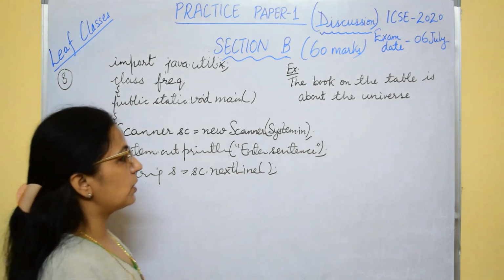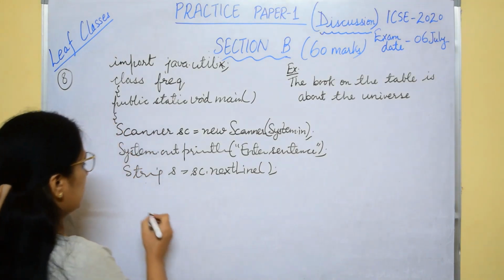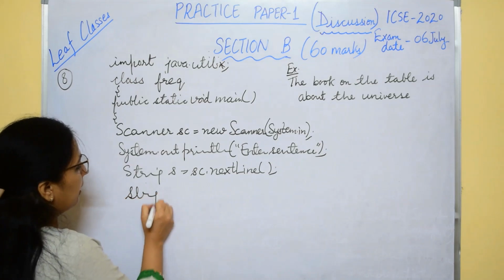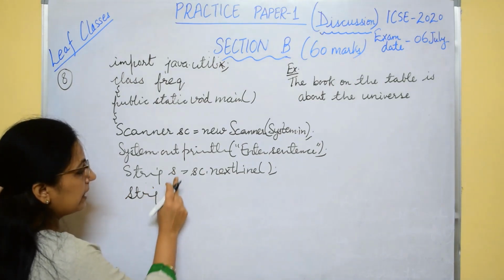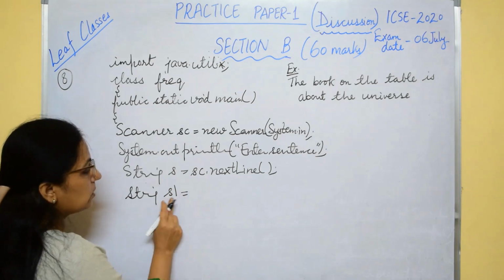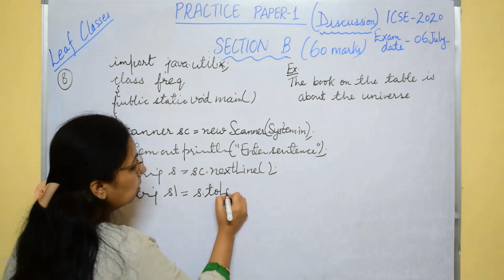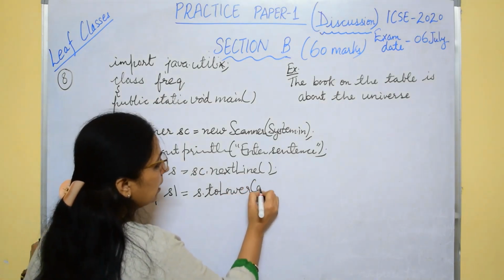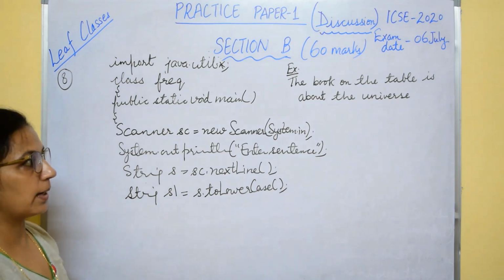After this, the question says convert the string into lowercase. So we have this string only. We are converting s string to lowercase in s1. So s.toLowerCase() function is used to convert the string into lowercase.